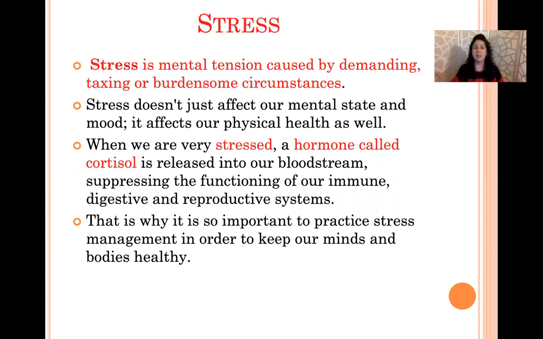This causes many different things to happen. It causes us to be tired, to want to sleep all the time, to be depressed. It causes us to overeat because we're stressed out. It causes us to feel different emotions and to act in different ways when we have too much cortisol in our body.